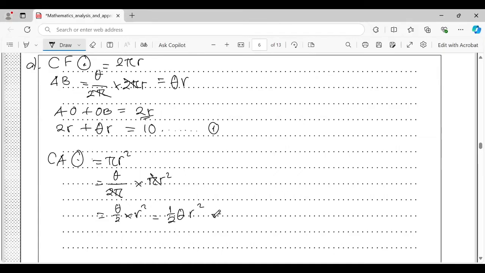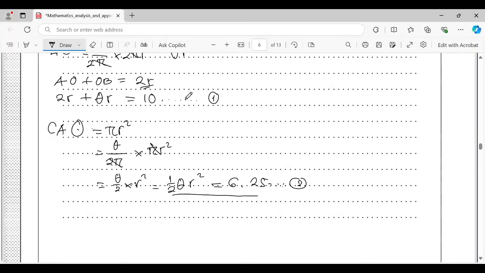It is 6.25. So this equation is the second equation, right?